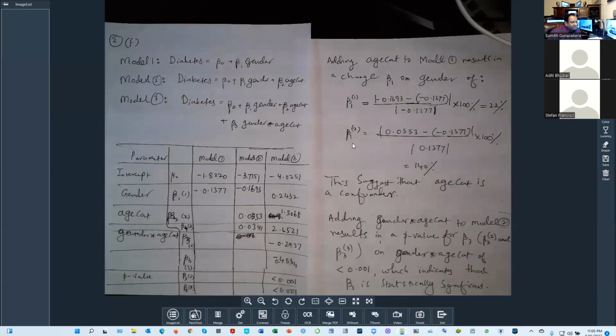Then beta 1, the second one, say 0.553, by adding the age cat, model 2, gender 1. No, this is not right. This is the difference.